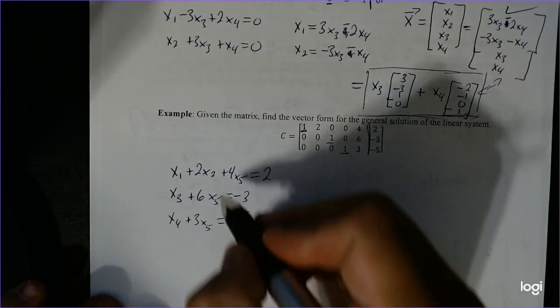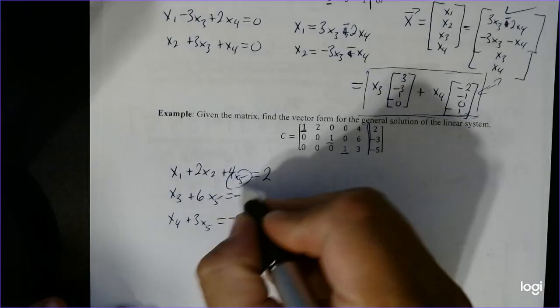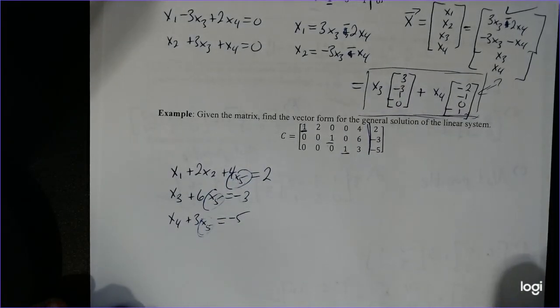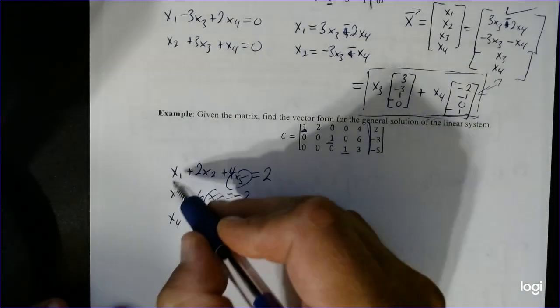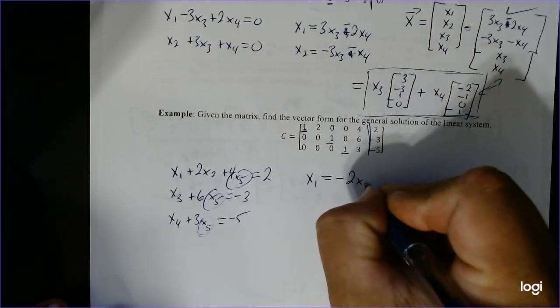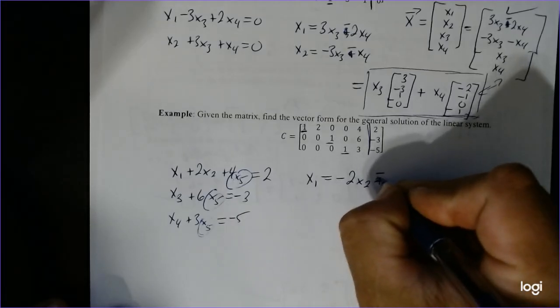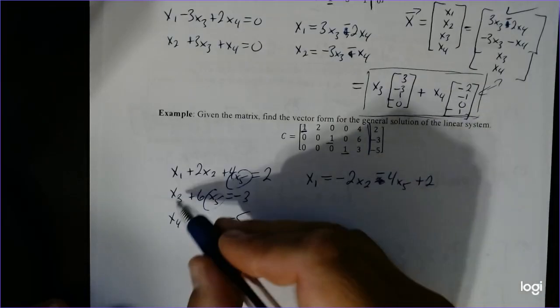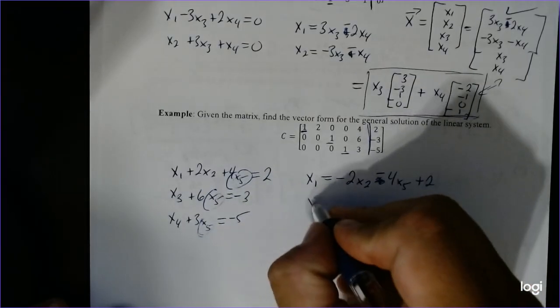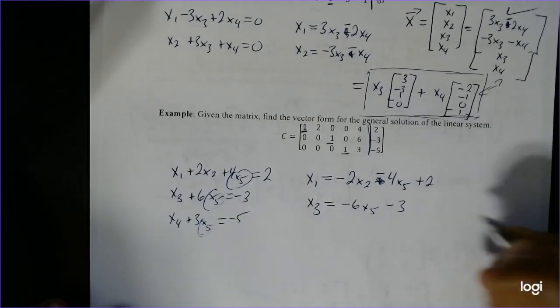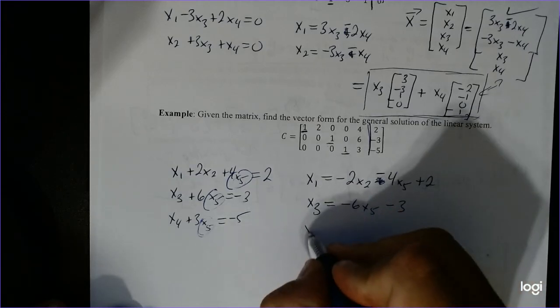It looks like x5 is the common one, so we're going to bring that over. We'll solve for x1, we'll solve for x3 because the x5's in there, and again, solve for x4.